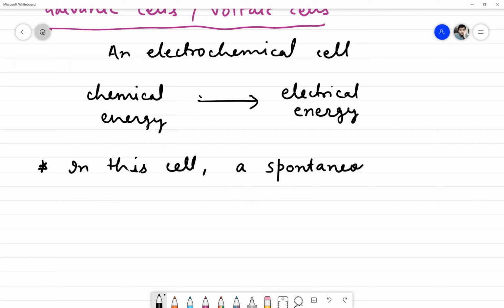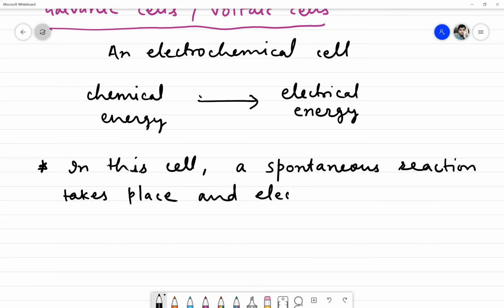So a spontaneous chemical reaction takes place, and electrical energy is generated.